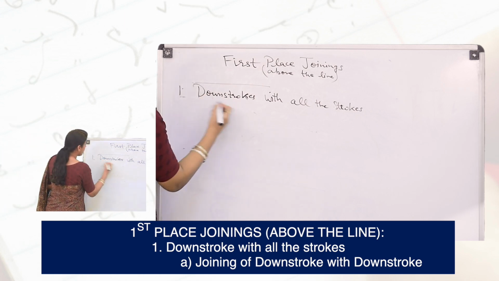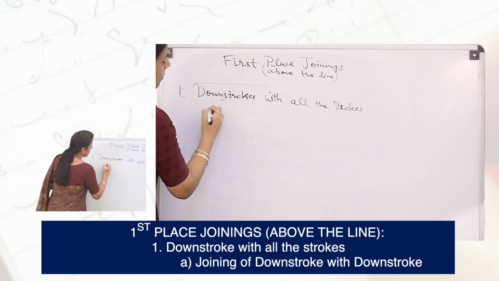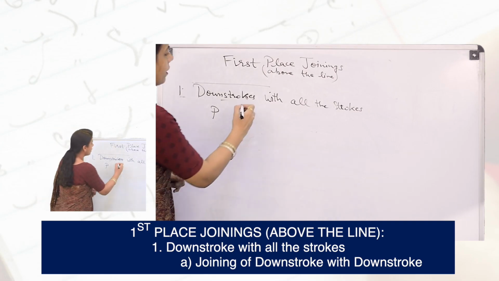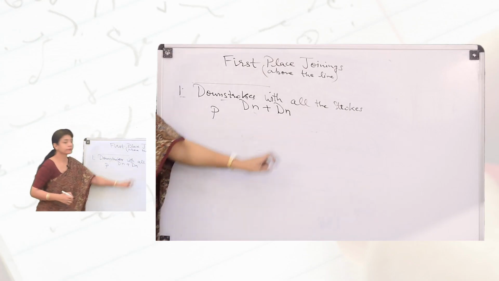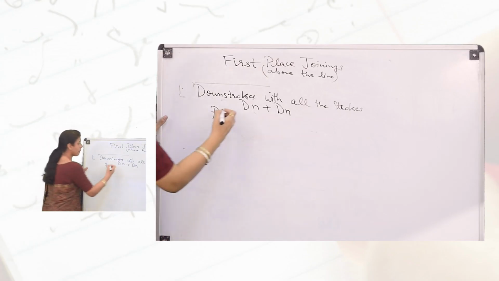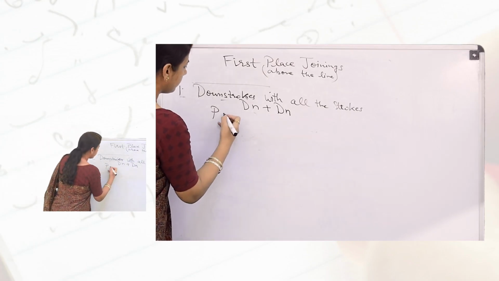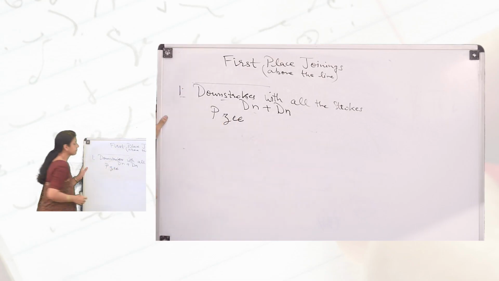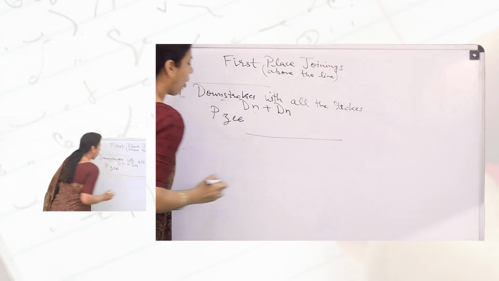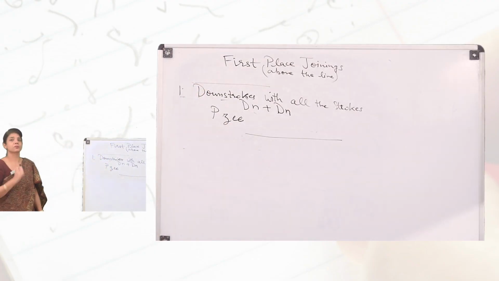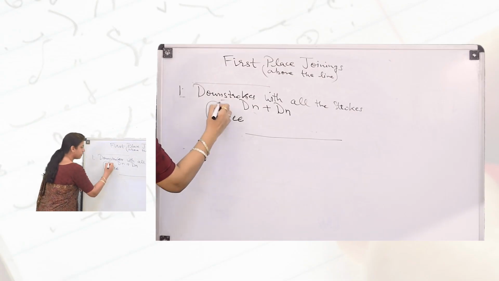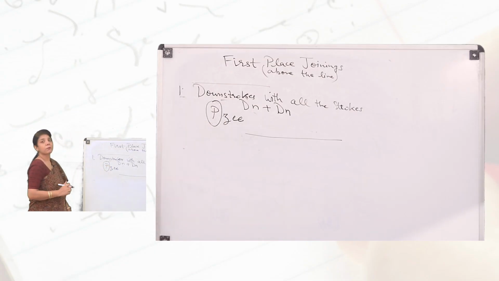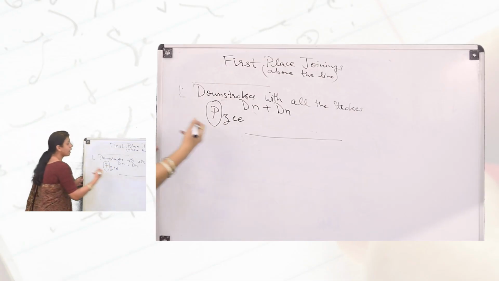Now taking an example here, P is a downstroke. And if we are doing downstroke plus downstroke, then in that case we can take another downstroke here, like suppose if we take Z. Now, how to write these two downstrokes at first place? The basic difference is the first consonant, which is P in this case, will remain above the line.